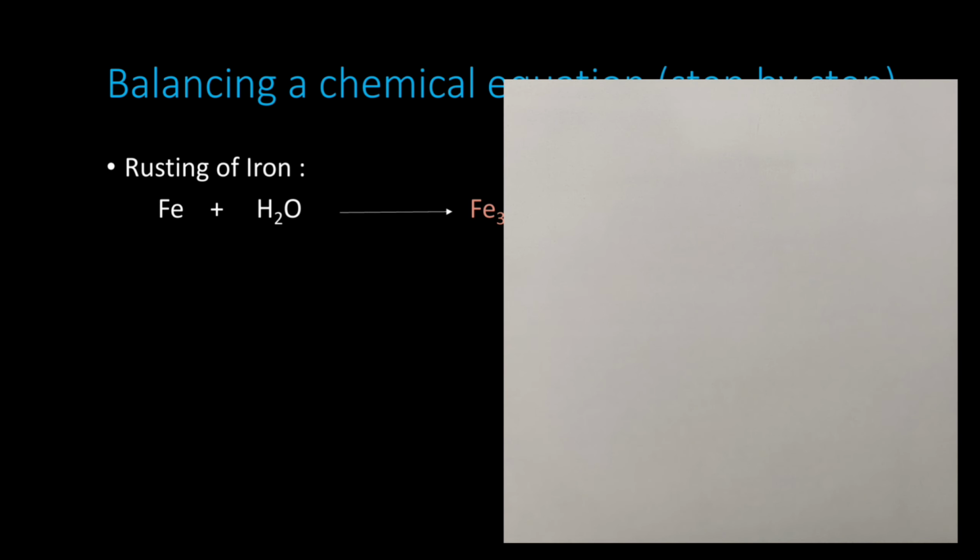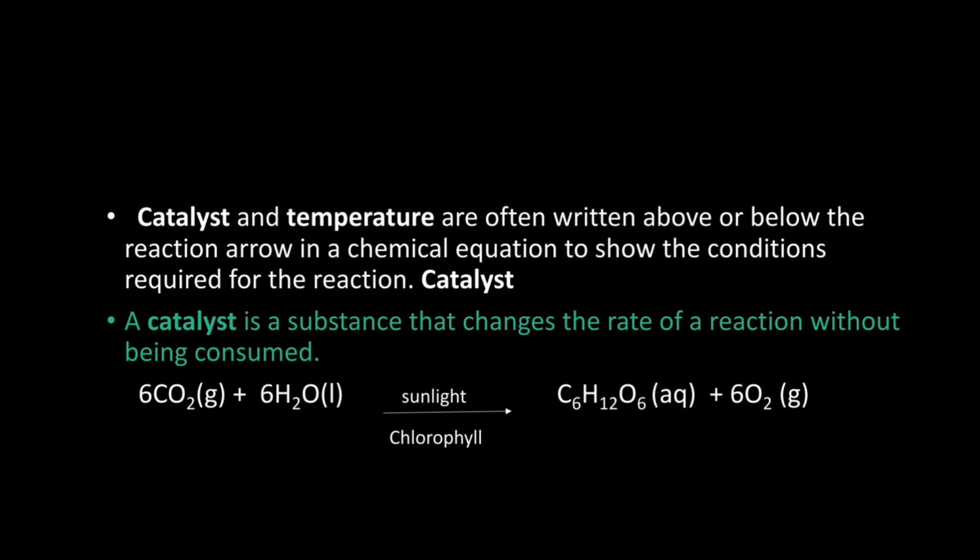So let's move on. After balancing the chemical equation, you have to remember if any chemical reaction is carried out in certain conditions, like a certain temperature should be maintained or a certain atmospheric pressure is needed or any catalyst is used, we write it on the arrow mark. Above or below the arrow mark we are going to mention it.